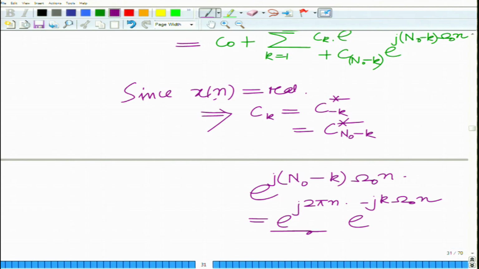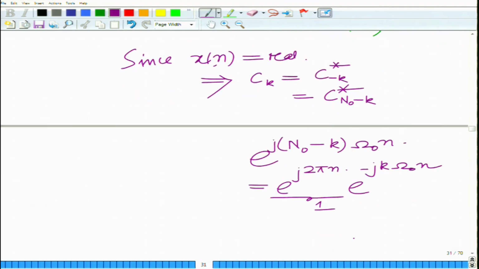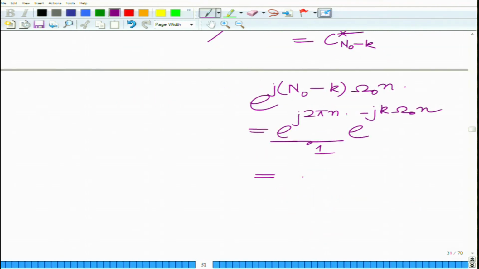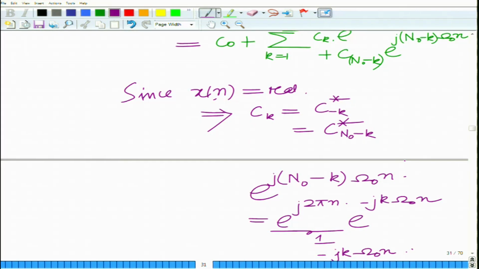So, this is e raised to minus j k omega naught n.